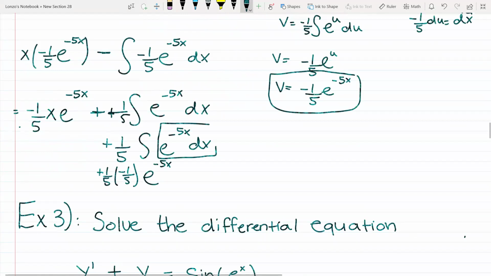Okay, so if you kind of simplify this part, this would be negative 1/5 x e to the negative 5x. And then what's 1/5 times negative 1/5? That's negative 1/25, e to the negative 5x.